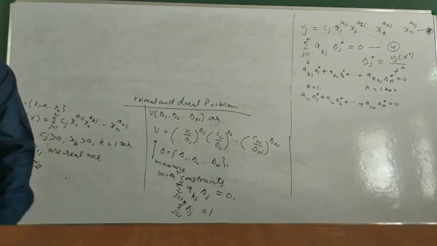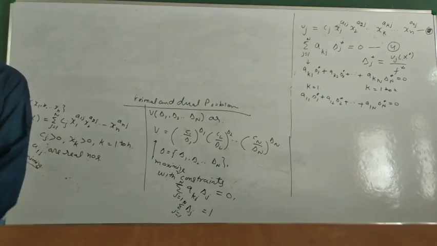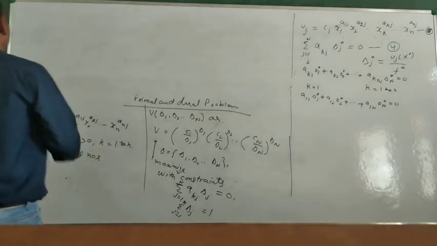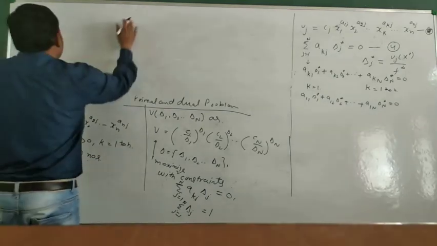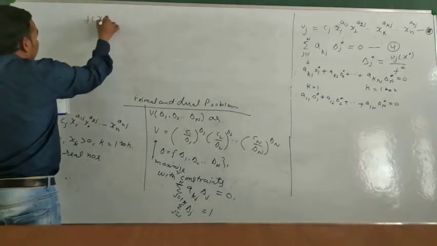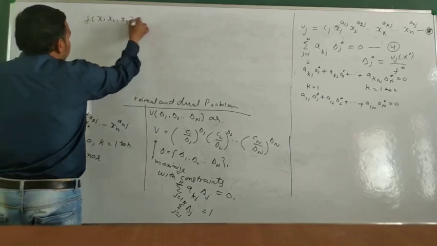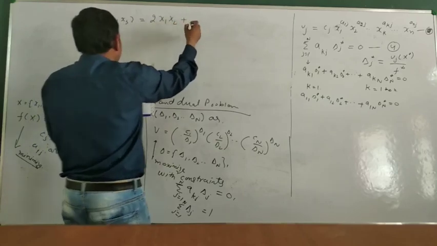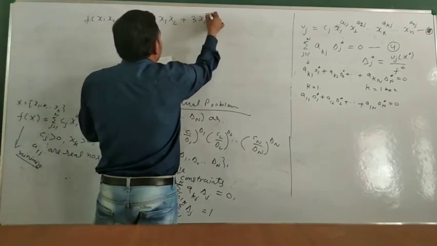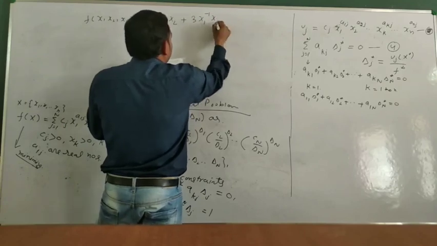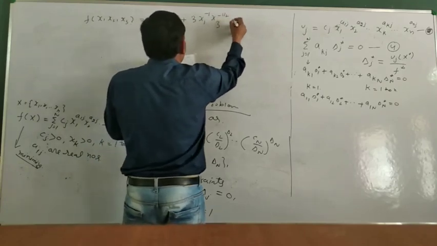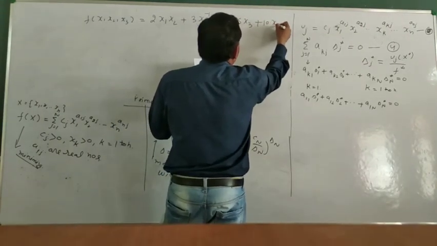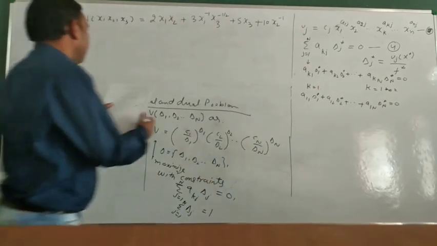So here the given geometric problem is f(x1, x2, x3) equal to 2 x1 x2 plus 3 x1 to the power minus 1 x3 to the power minus half plus 5 x3 plus 10 x2 to the power minus 1.